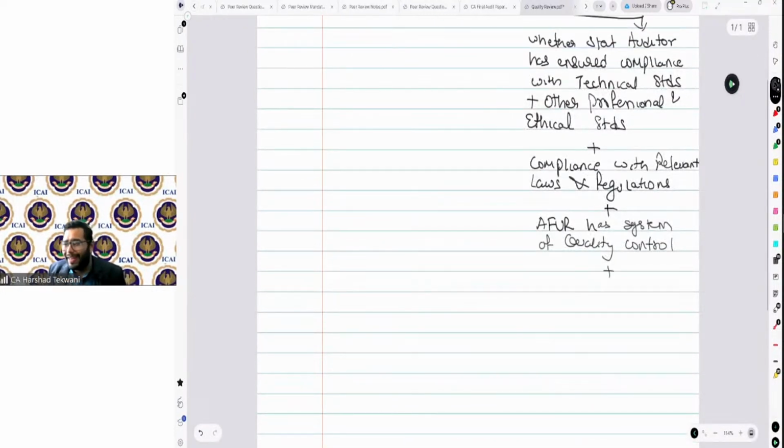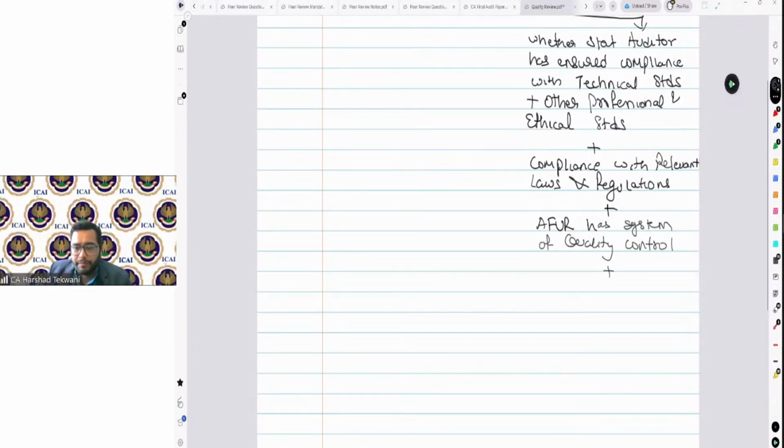plus whether there is any material misstatement of assets and liabilities at the reporting date in respect of selected entities. When I perform a quality review, in the same way as in the peer review where I select some assurance engagements and review them, I'll pick up some engagements, and when I review these engagements, I'll check whether there is any material misstatement in the assets and liabilities in the balance sheet of those particular entities.